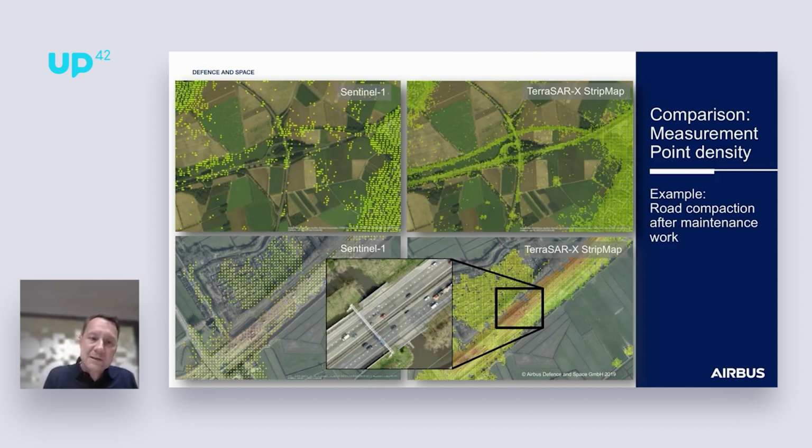You see on the left side the Sentinel result showing some movement effects on a road. If we do a zoom view with the TerraSAR of the same area, we can clearly discriminate that these surface movement or subsidence effects are related only to half of this highway. Of course, this is a compaction effect resulting from some maintenance work before.